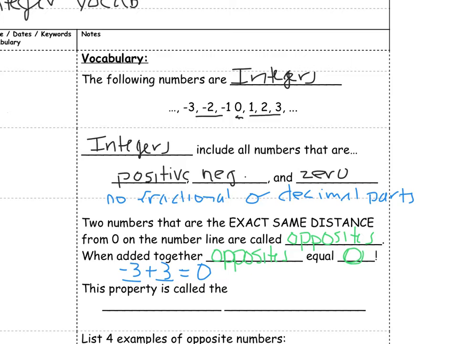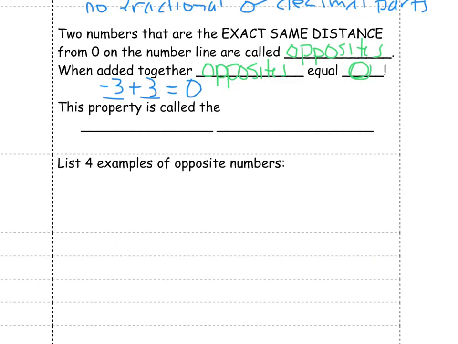The property that lets us do that is called the additive inverse property. So the additive inverse property says if you have two opposites together, it equals 0.